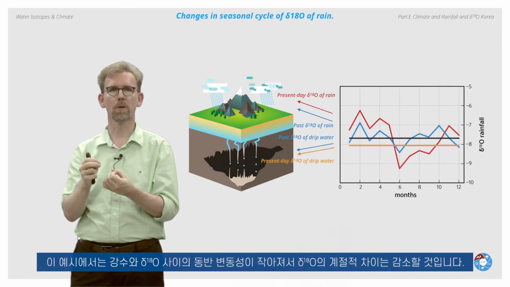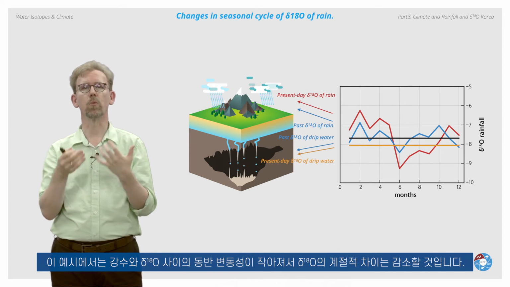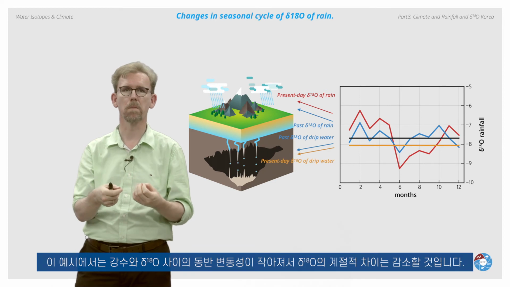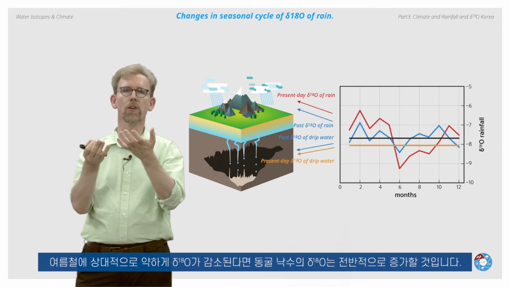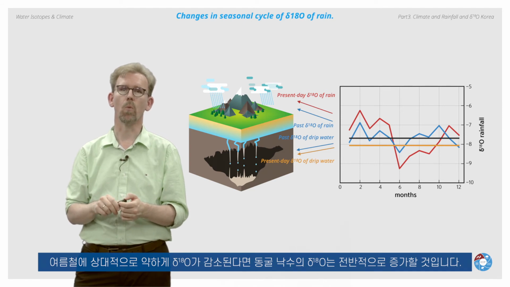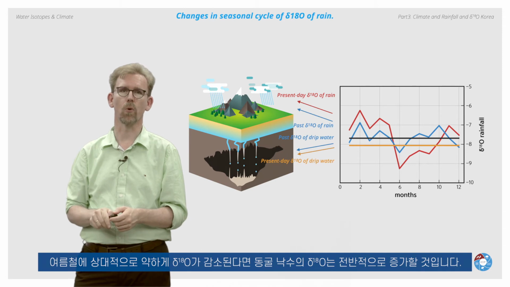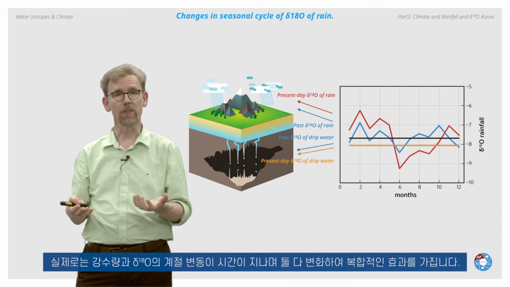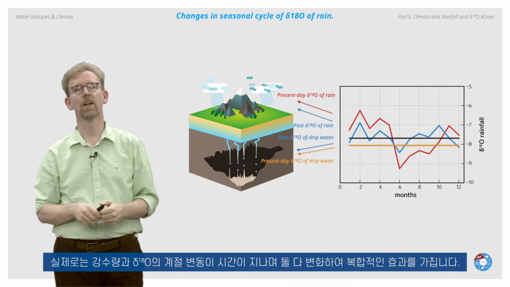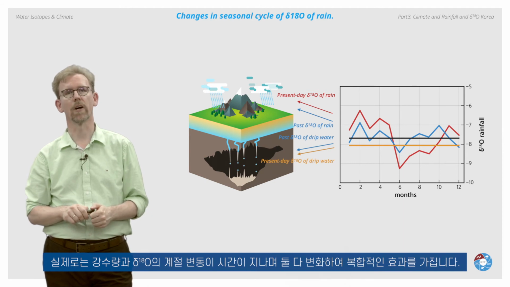In our example, it will increase, because the covariability between rainfall and d18O is smaller. Less strongly depleted d18O of rain in summertime will lead to an overall increase in d18O of drip water. In reality, we have the combined effect that both the seasonal cycle of rainfall and d18O will change over time.